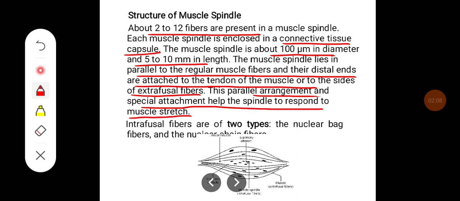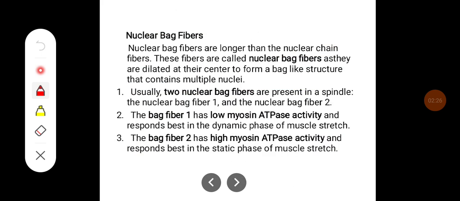Intrafusal fibers are of two types, nuclear bag fibers and nuclear chain fibers. So this is the muscle spindle which is showing the inner intrafusal fibers and the outer extrafusal fibers. If you see the intrafusal fibers, the nuclear bag fibers are longer than the nuclear chain fibers.